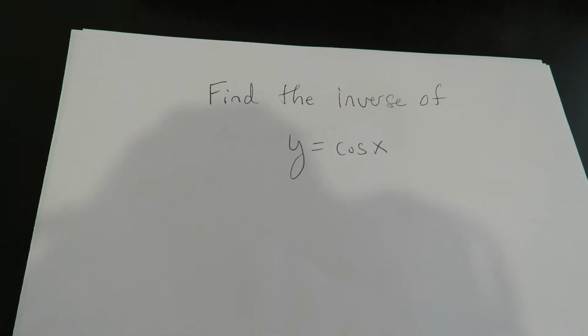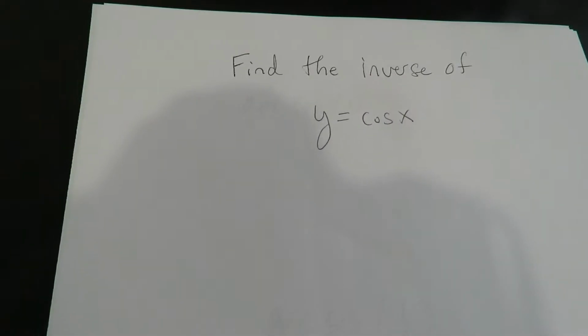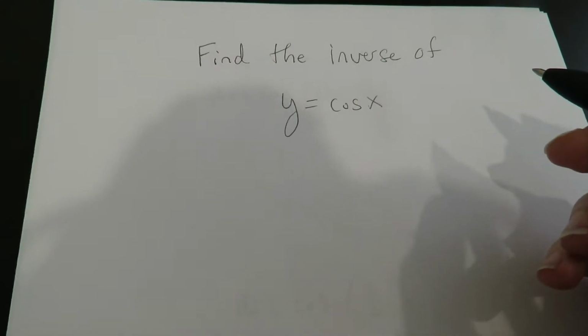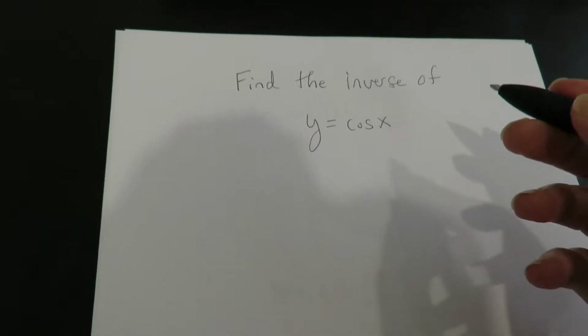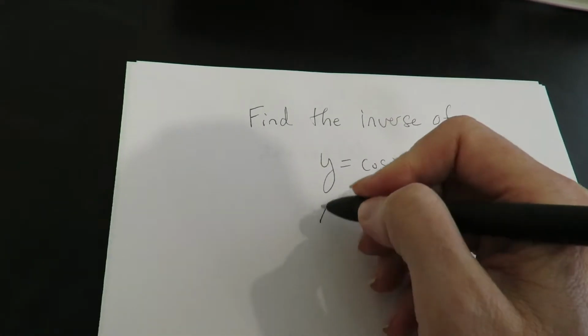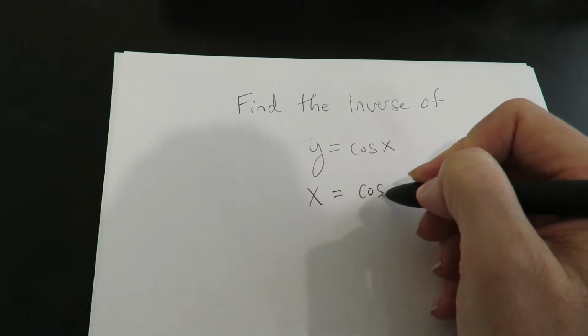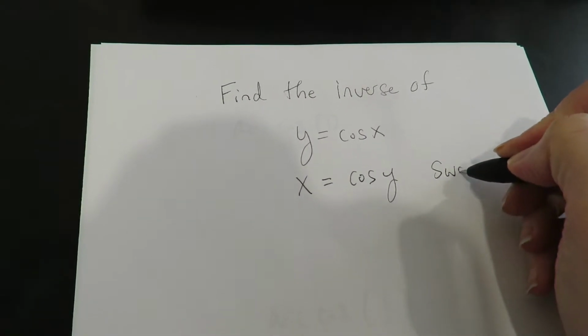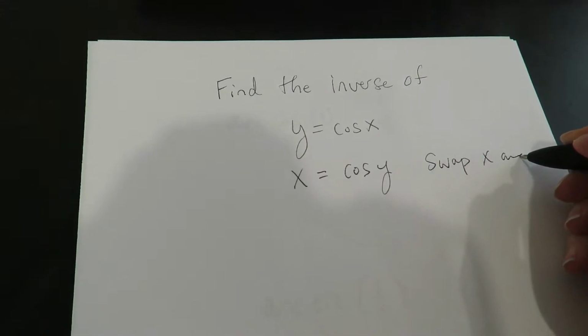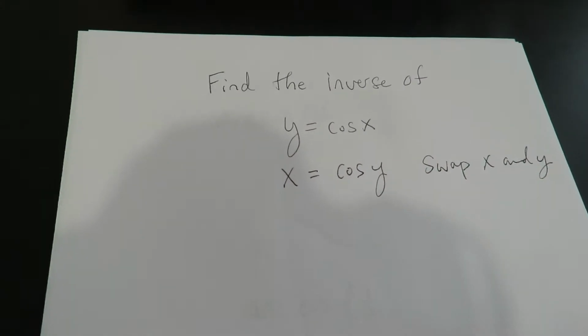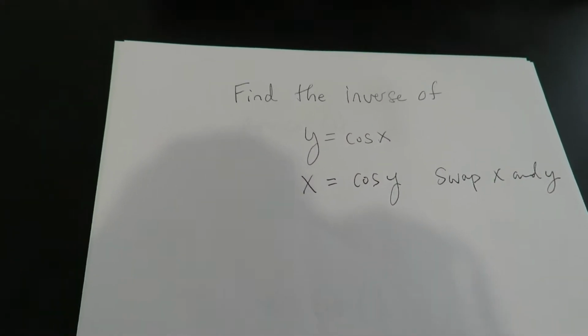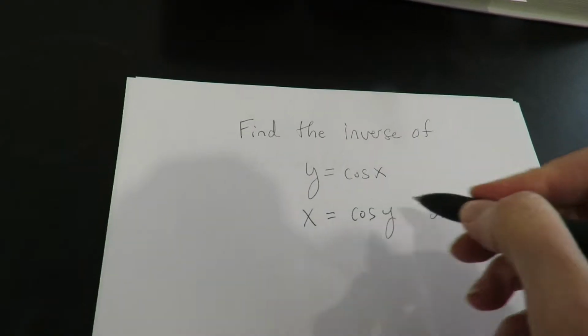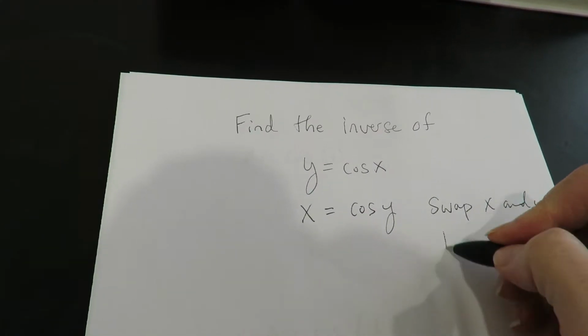Let's also algebraically find the inverse of the cosine. If you remember from the last video and from when we learned inverses, you have to swap x and y. That's how you make an inverse. The cosine is the original function, and we're now making the inverse. Now I've got to isolate the y.